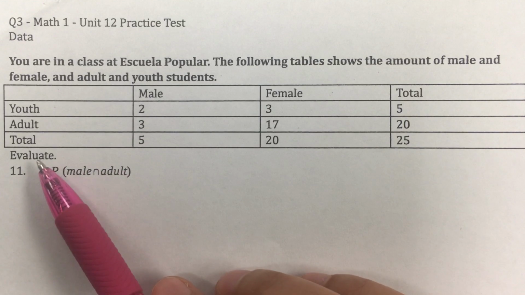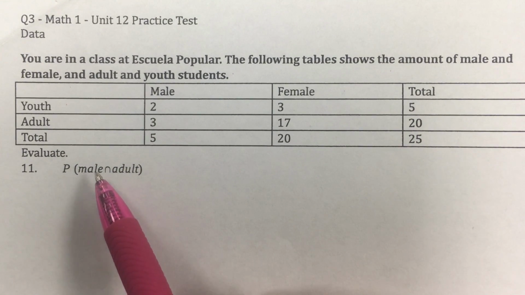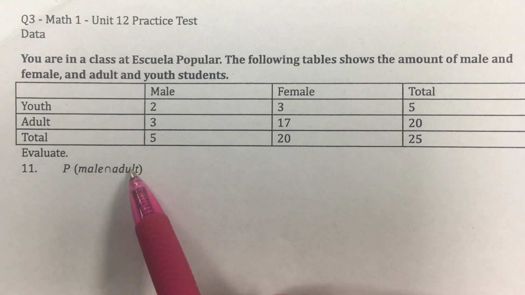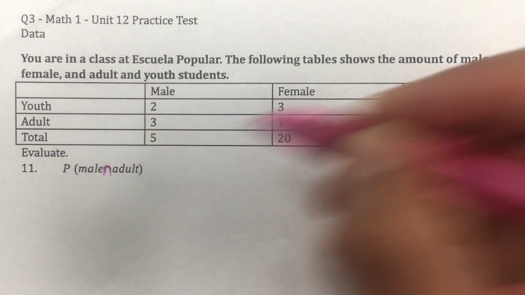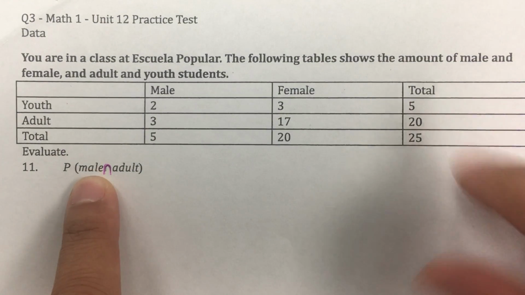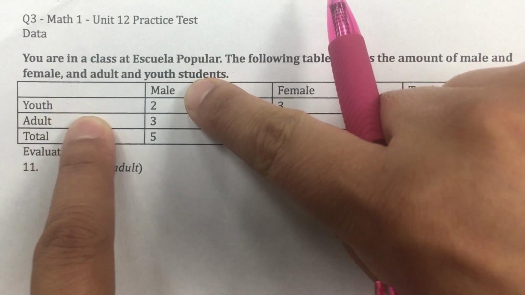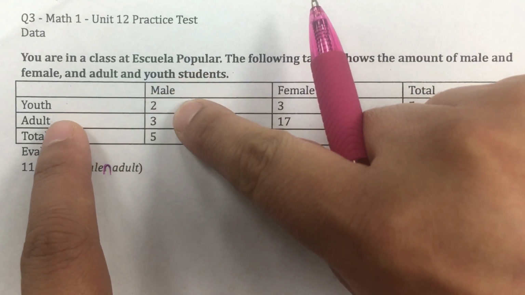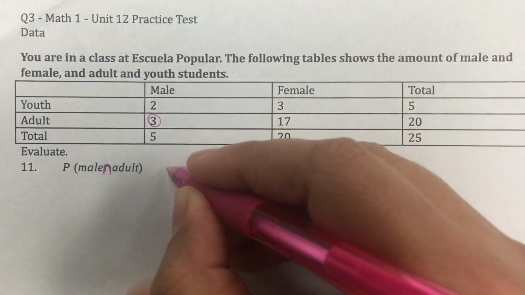It says evaluate the probability that somebody will be picked and it's going to be a male and adult. Whenever you have this, remember that it's joint. You look for the word male, it's right there. Adult is right there, and wherever they meet, that's what goes in the numerator.